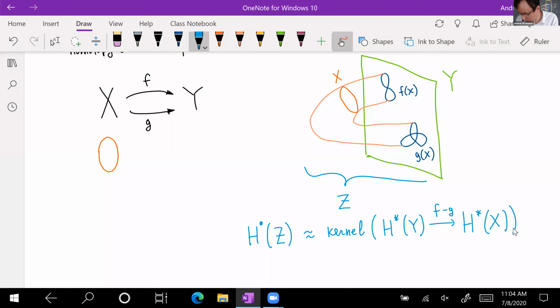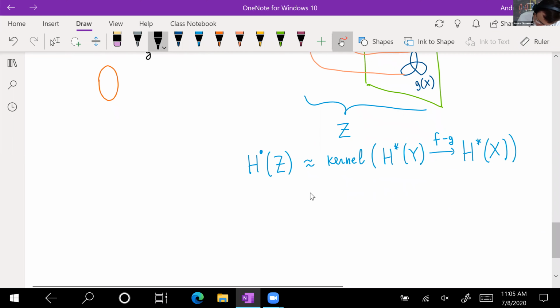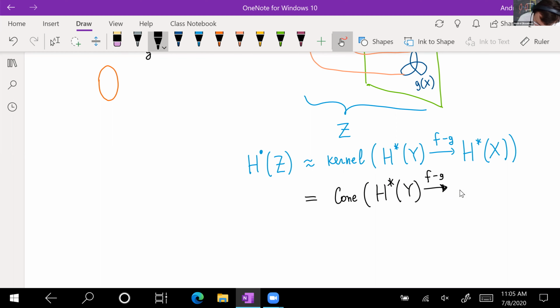But remember, in the category of complexes, we don't have a kernel; we have a cone. So what it really is, I take a cone of this map, and I shift it, I think, by minus one.